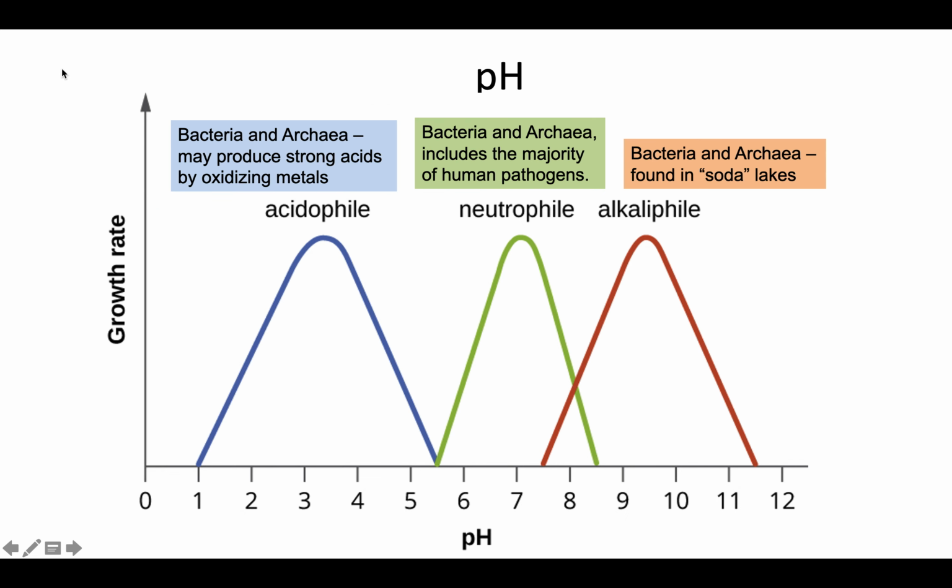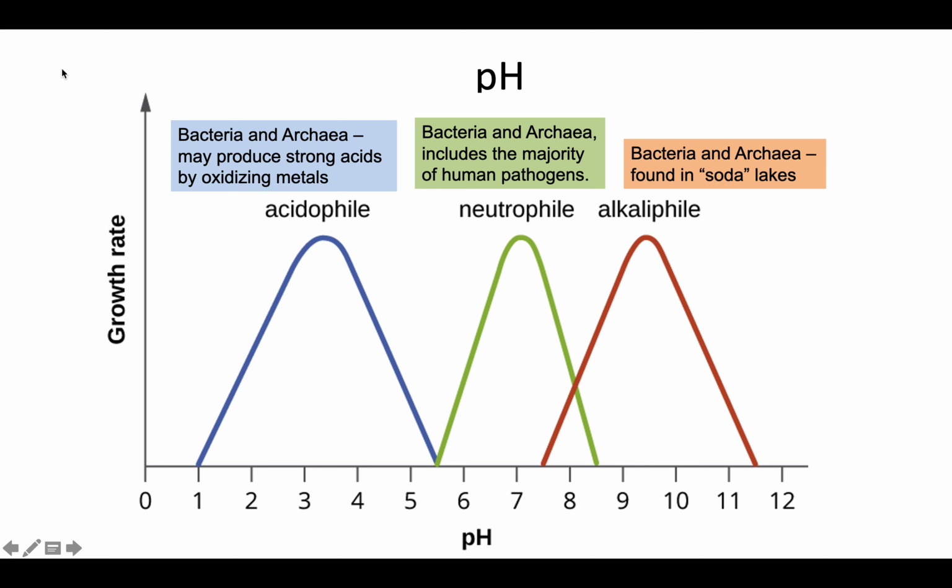pH is another environmental factor. And again, we've got three groups here. We've got your acidophiles, which live in acidic environments. Those acidic environments are usually the result of strong acids that the bacteria and archaea produce by oxidizing metals. Then we have neutrophiles, which are bacteria and archaea.